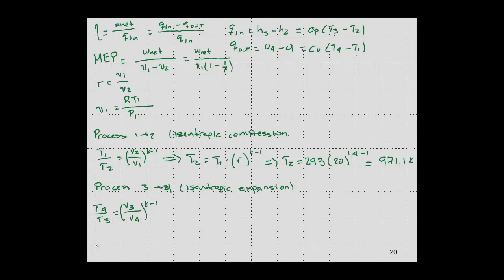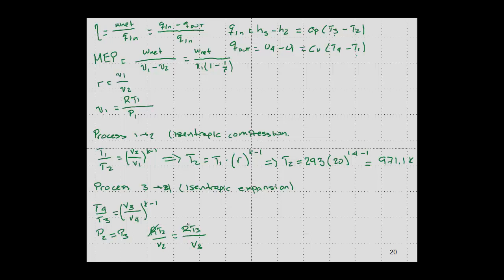We know that for ideal gas, process 2 to 3 is at constant pressure, so P2 equals P3, and if we invoke ideal gas, that will mean R T2 over V2 equals R T3 over V3.